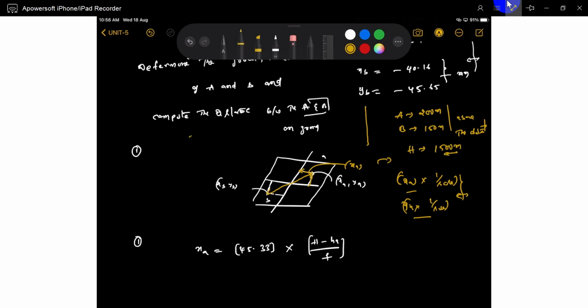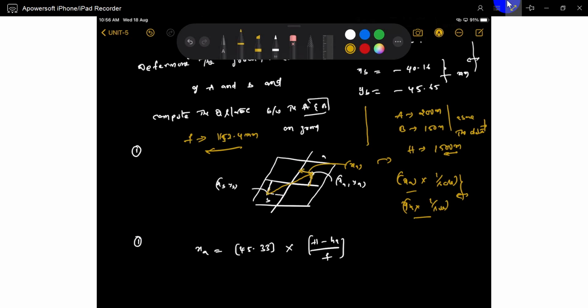Focal length F is 152.4 mm. Okay, those are the details. Focal length of the camera, optical axis. A and B are 200 meters and 150 meters above the datum, and the flying height is 1500 meters.